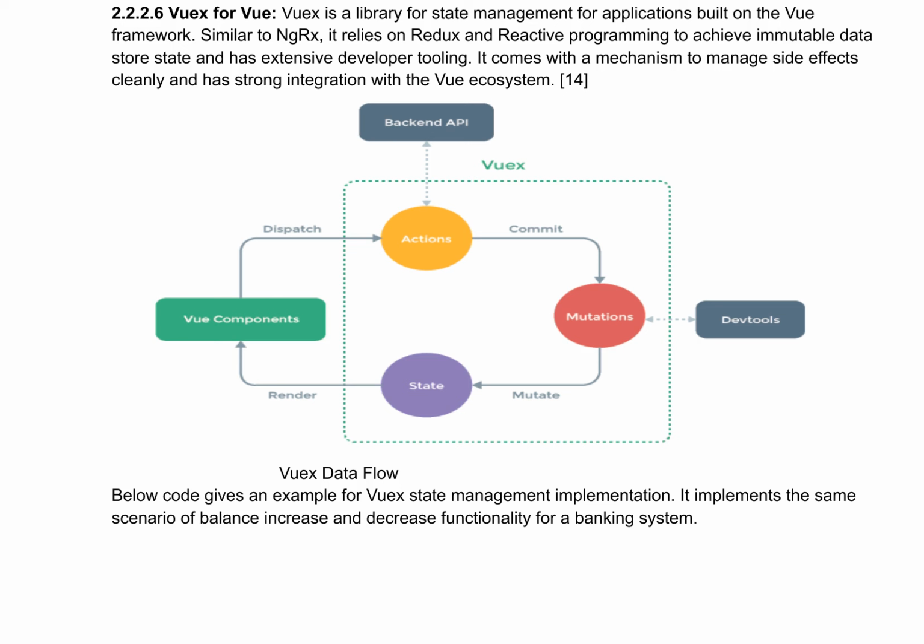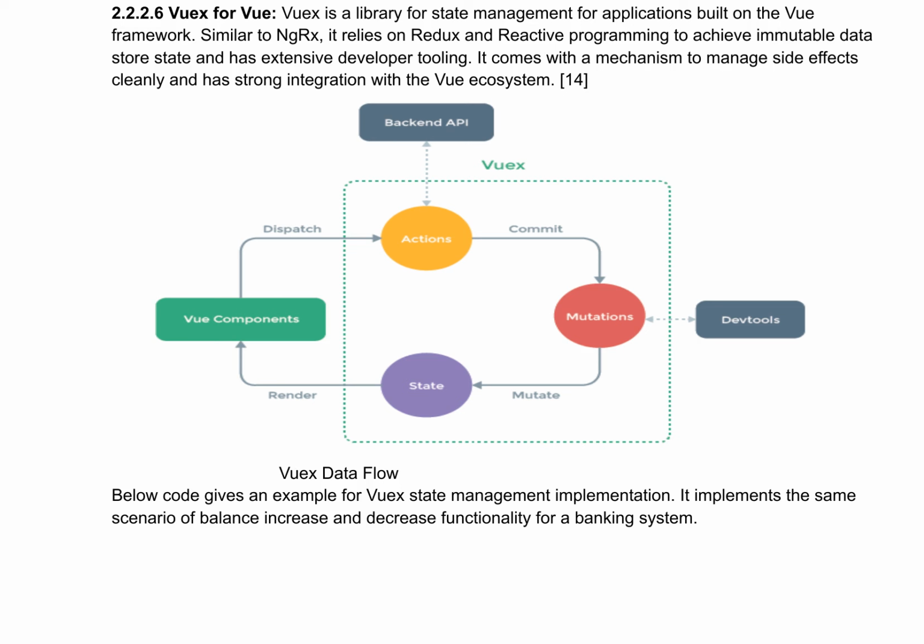An example implementation showcases how to implement the same balance increase and decrease functionality using Vuex, highlighting its structured approach to handling data flows and changes within the application. Both NgRx and Vuex offer robust solutions for managing complex application states, promoting predictable behavior and making it easier to debug and test the application.